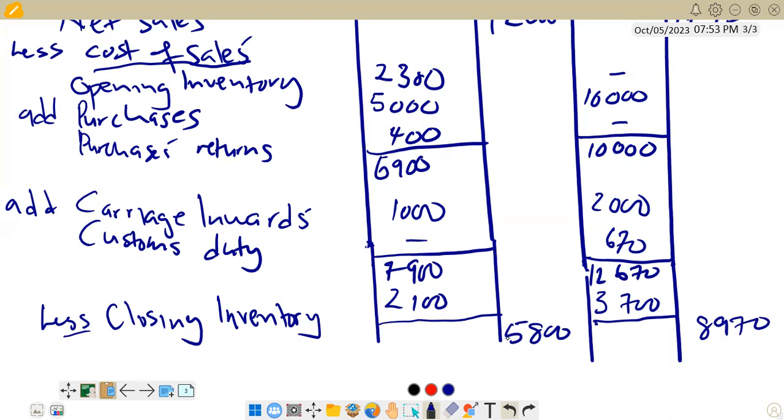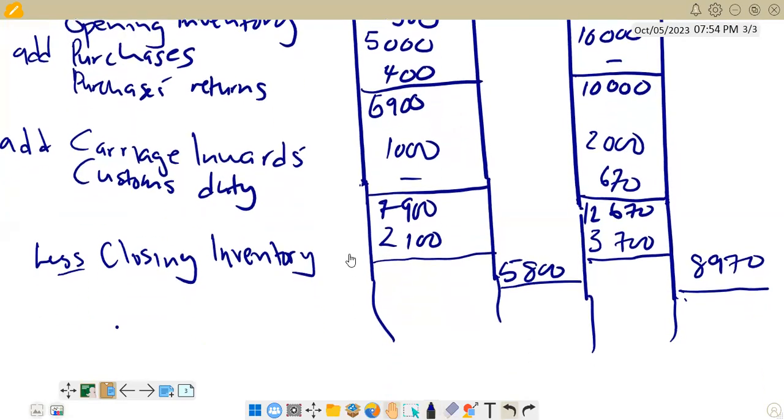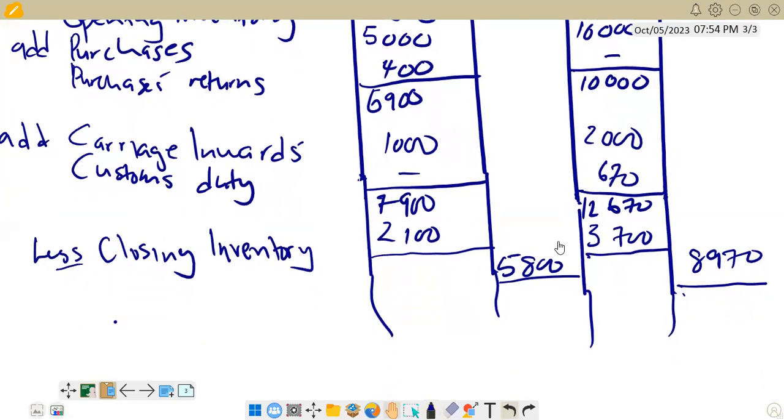Then we need to find the figure for gross profit down there. Remember, our formula is that we say sales less cost of sales. So these figures that we have here, 5,800 and 8,970, represent cost of sales.